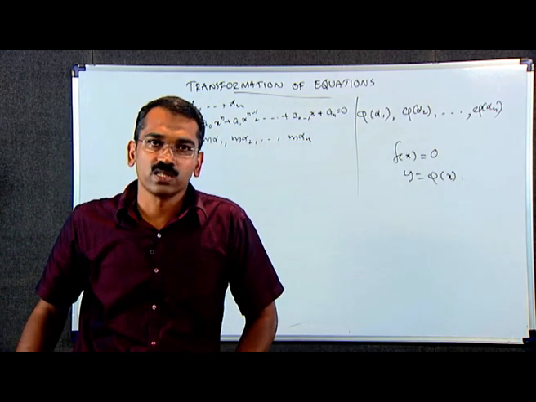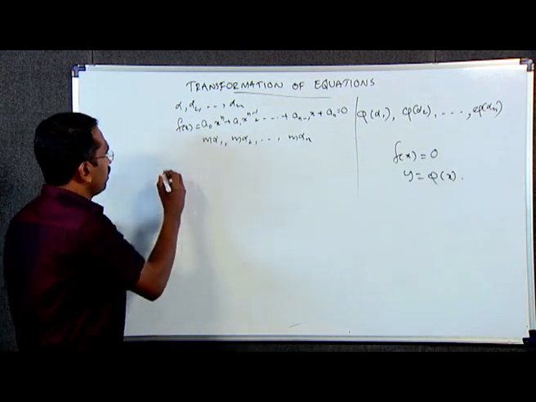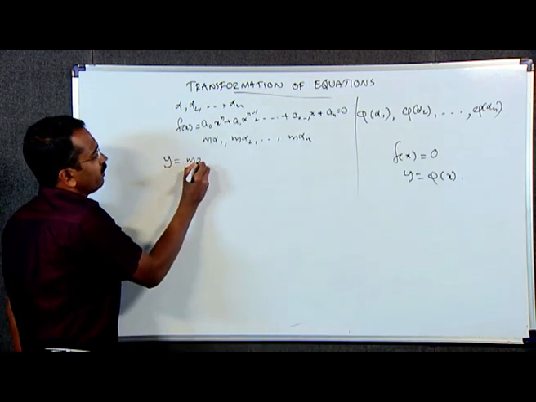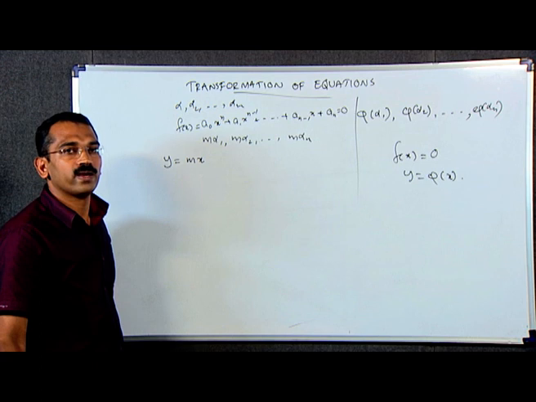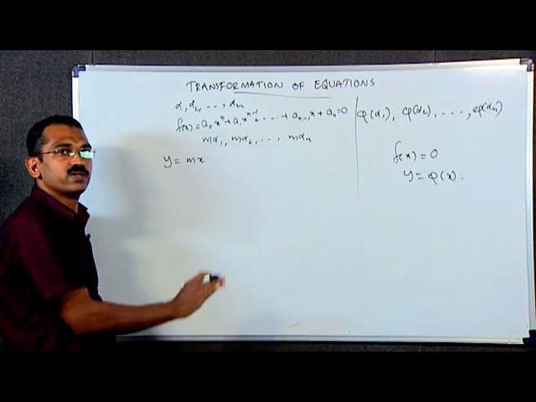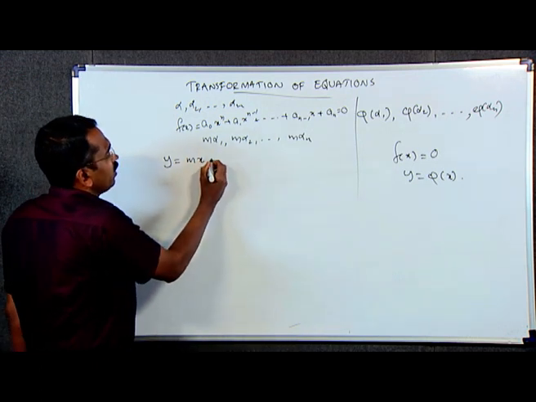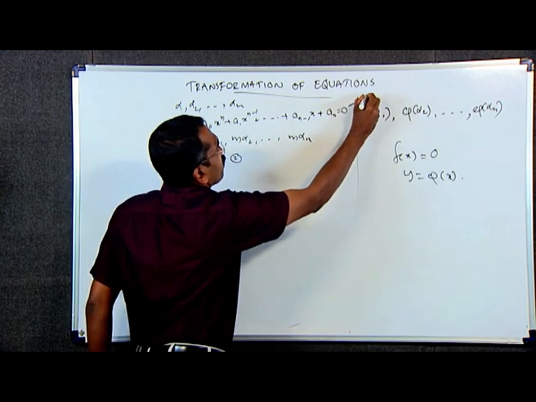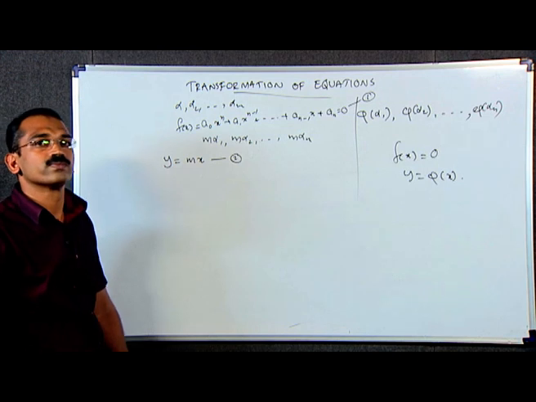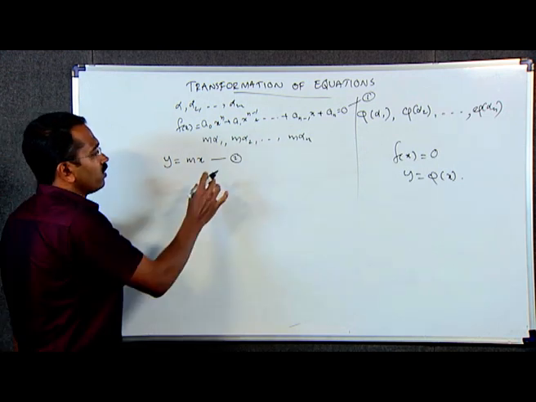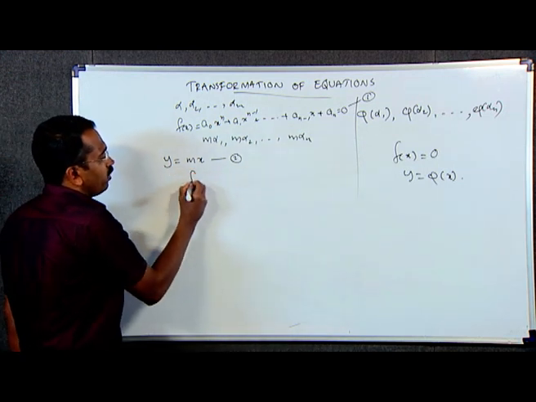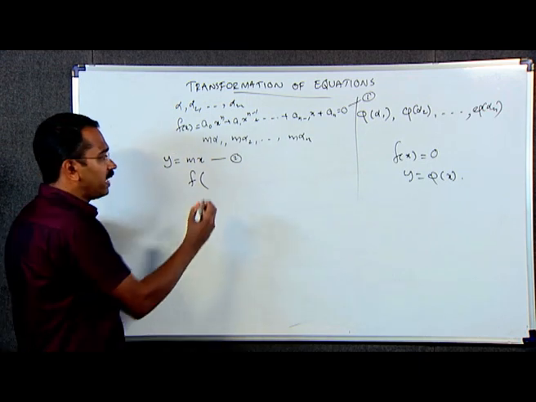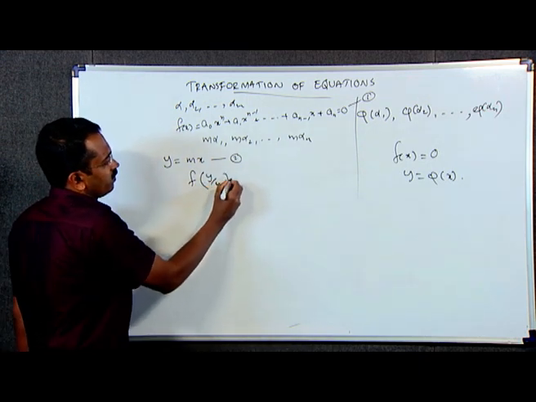Here the transformation relation is y is equal to m into x. Eliminating x between this equation y equal to m into x and this equation f of x equal to 0, the required equation is f of y by m is equal to 0.